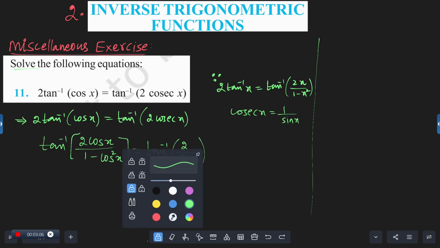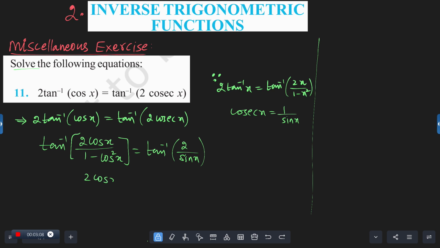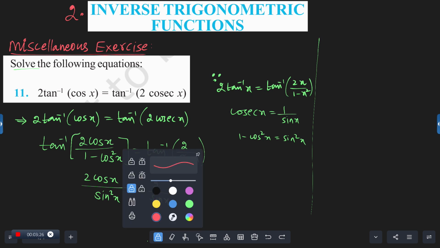So after removing that, what do I have? 2 cos x whole divided by 1 minus cos square x. And 1 minus cos square x is equal to sine square x. So all the formulas I wrote on the right hand side. Here we can write sine square x, and on the right hand side I have 2 divided by sine x. Whatever is possible to cancel, you do it.